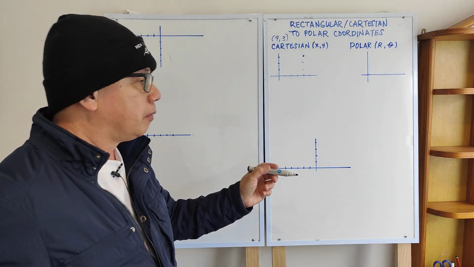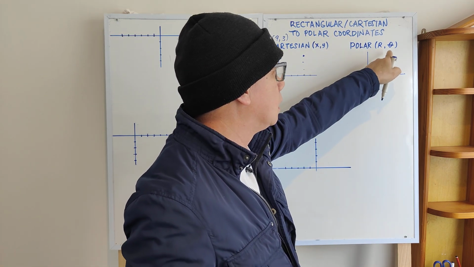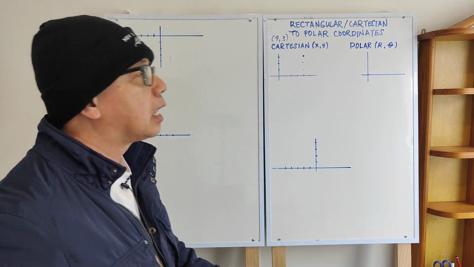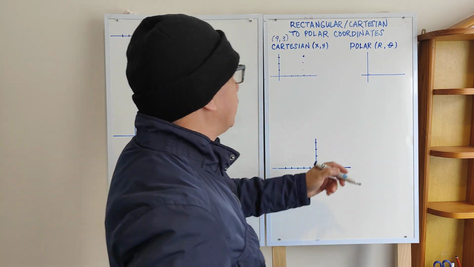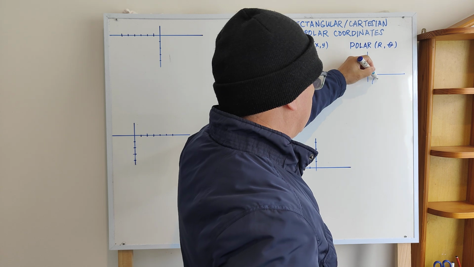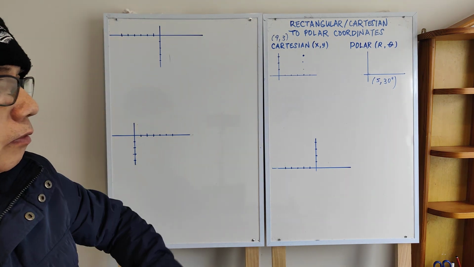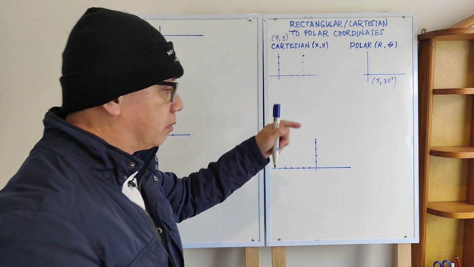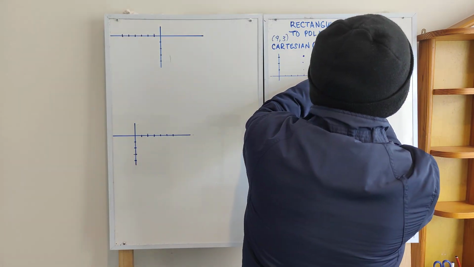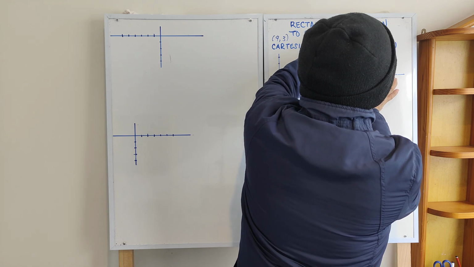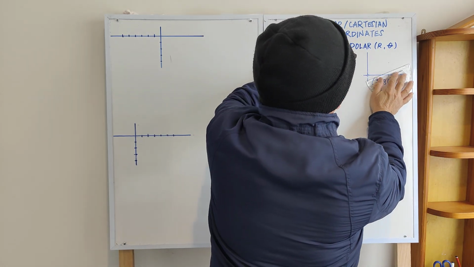And now for the polar, we have two numbers as well. The first is the distance from the origin, and the second is the angle it makes with the polar axis. For example, we have 5 and 30 degrees. We need to find first where 30 degrees is from the polar axis. Using a protractor, we get the 30 degrees, which is around here.